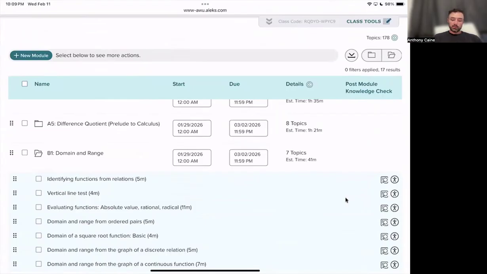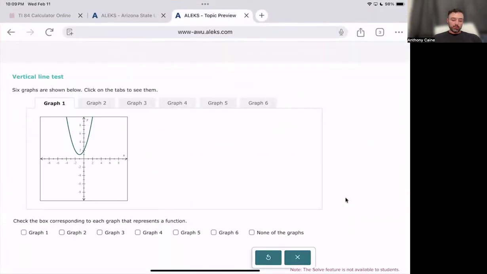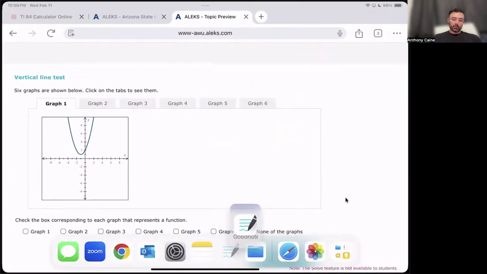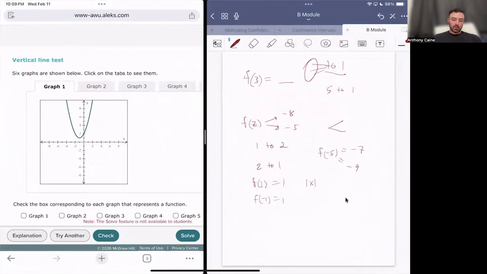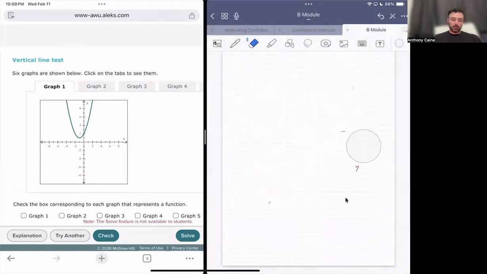This is also called the vertical line test. The whole idea with the vertical line test is that it's the graphical version of what I just said. You can see this graph is a parabola, and no matter where you draw a vertical line on that graph, it'll only intersect this curve at one spot.